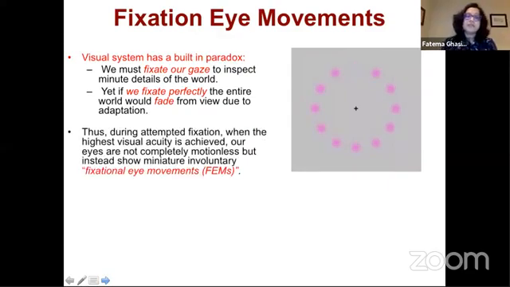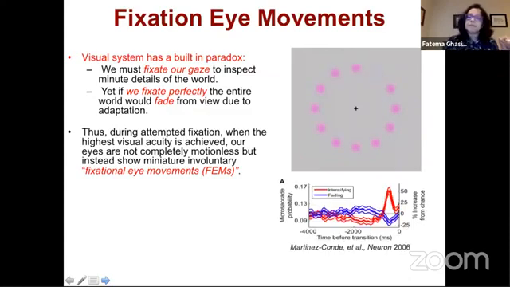Thus, during fixation, to thwart neural adaptation, when the highest acuity is achieved, our eyes are actually not completely motionless, but we make these small miniature eye movements, which are called fixational eye movements. Martinez-Conde's lab did a very elegant experiment in which they recorded eye movements in normal subjects while they were looking at a similar stimulus.